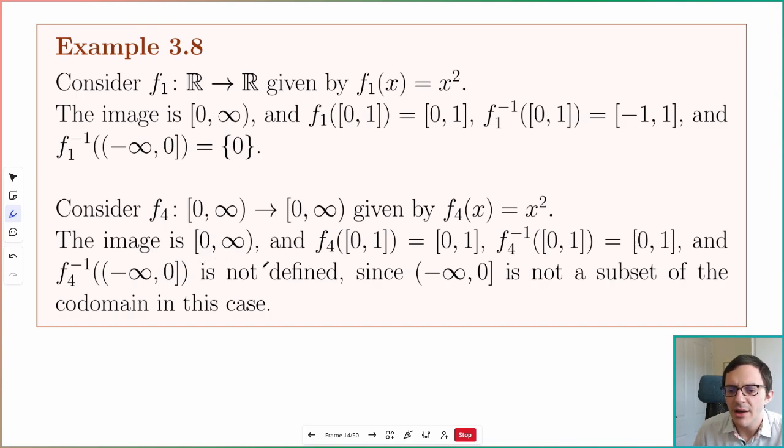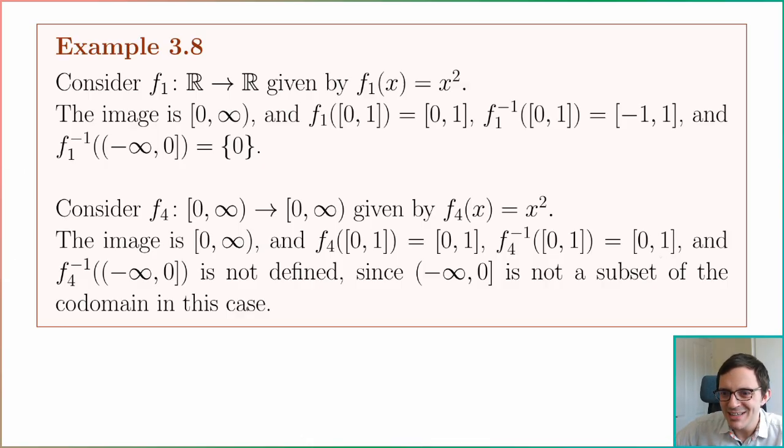If I take the image of this interval, that's the same interval I had up here, and when you square those numbers, you still get numbers from 0 to 1 inclusive. But now when I take the preimage of this interval, I just get the interval from 0 to 1 inclusive, because I don't have any negative numbers in my domain anymore.